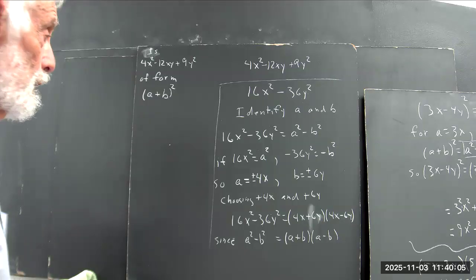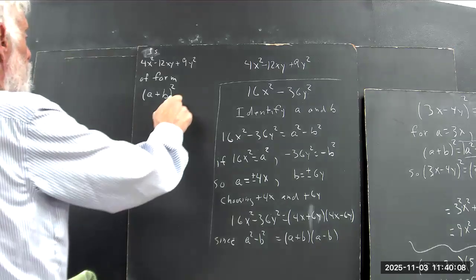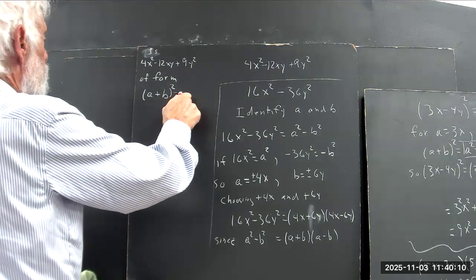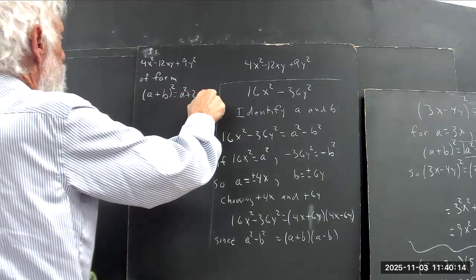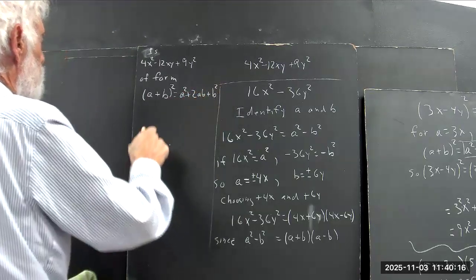Okay. If so, then A plus B quantity squared is A squared plus 2AB plus B squared.